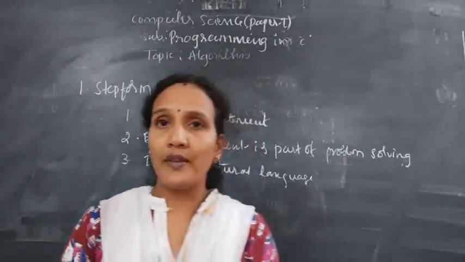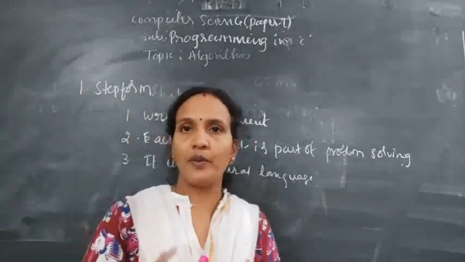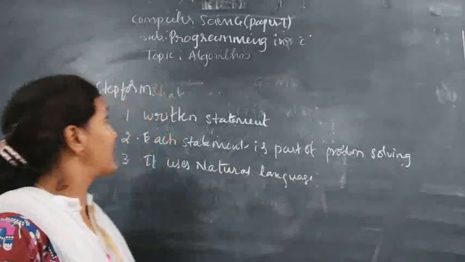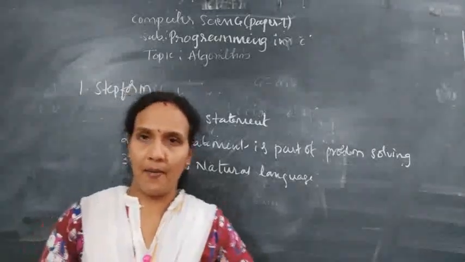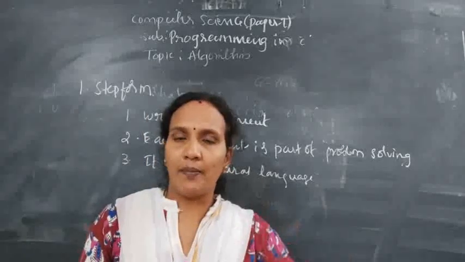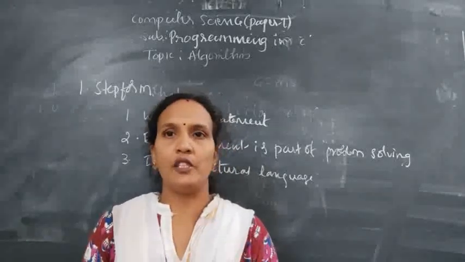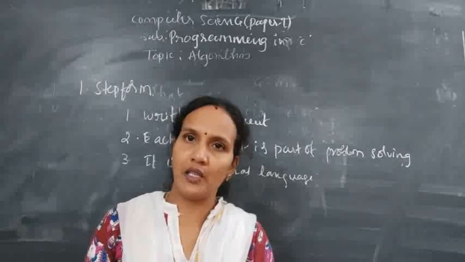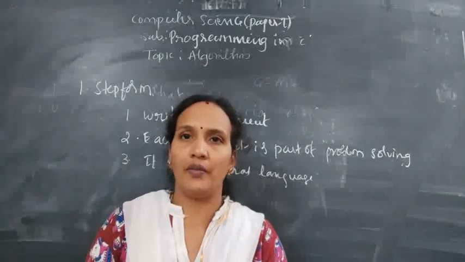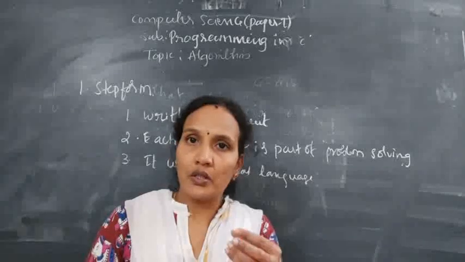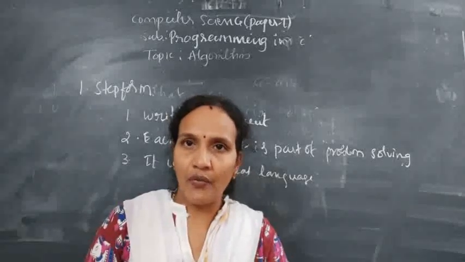Now the first form of representing an algorithm is step form. In the name itself we have step form. We give a step-by-step procedure to solve a specific problem. Actually an algorithm itself is a step-by-step procedure only. But in step form, how are we giving it? Here also we are giving the solution in a step-by-step form only.